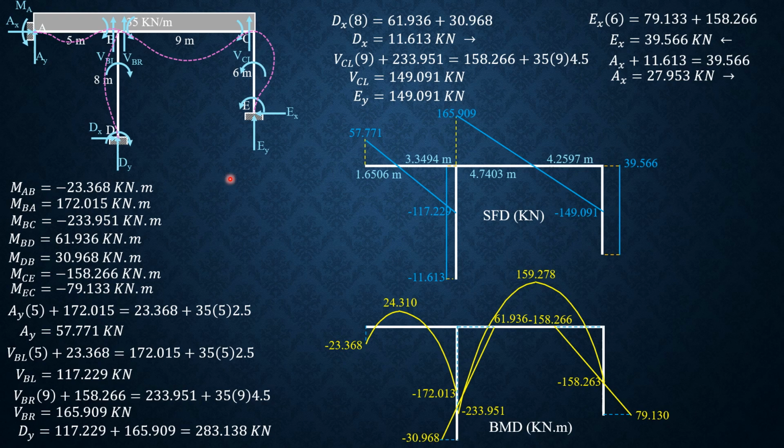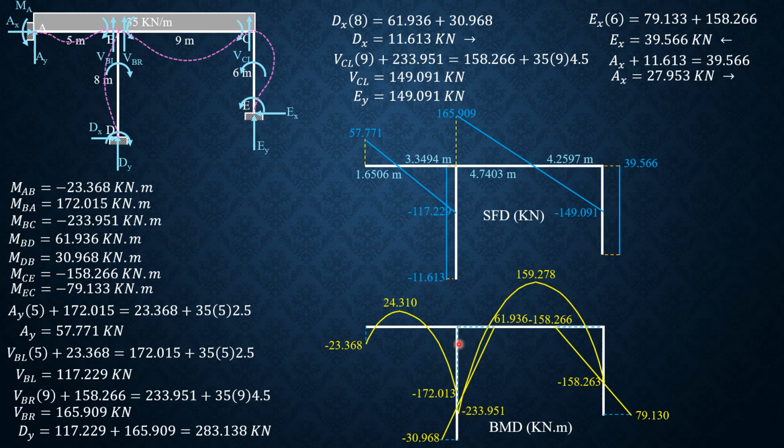For the elastic curve, for this part here, we have concave down and concave up, concave down again. For portion BC, concave down and concave up, concave down because of this negative moment, then negative, concave down, and there's a portion which is positive.